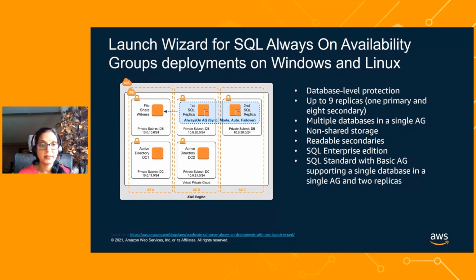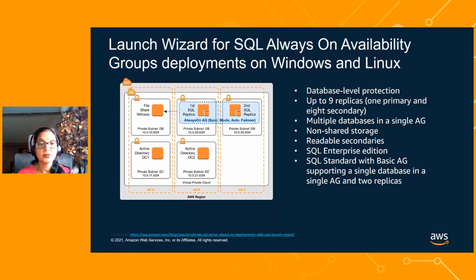Based on the selection, the wizard presents you with a dynamically generated estimated cost of deployment. As you modify your resource selection, you can see an updated cost assessment to help you match your budget. Once you approve, Launch Wizard provisions those resources and configures them to create a fully functional, production-ready SQL Server Always On deployment in just a few hours.